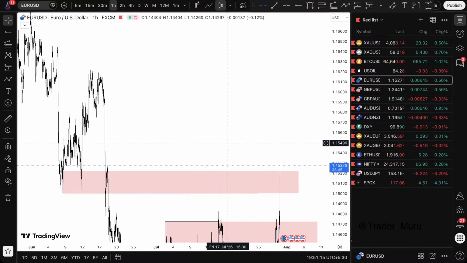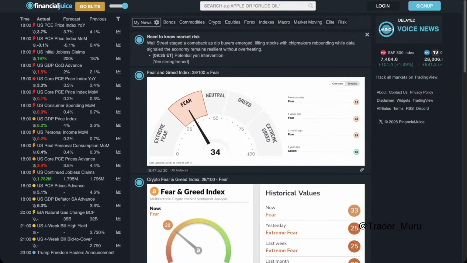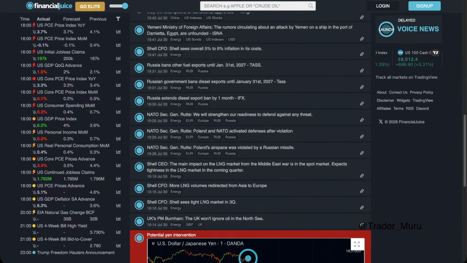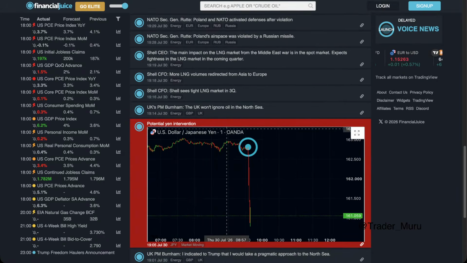Seems gold pump was only because of the DXY dump. Maybe we have some news. Yen inversion.